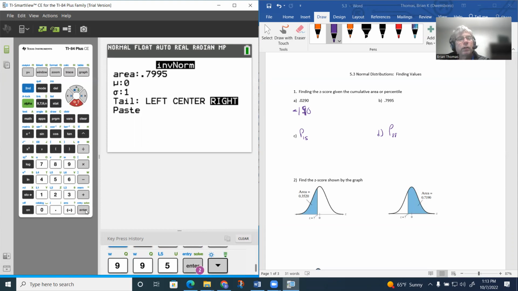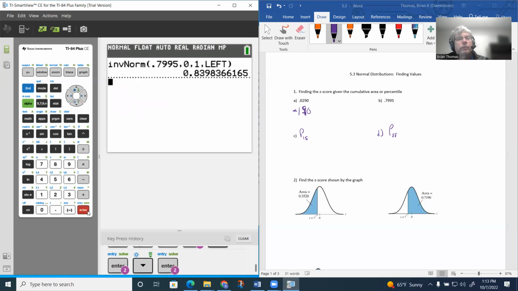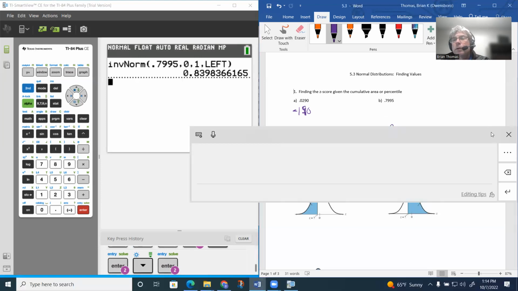Again, let's say left, as I think that means cumulative area there. Some other calculator didn't do that. And that gives me 0.8398, so if I round that to 2 decimal places, that looks like 0.84.